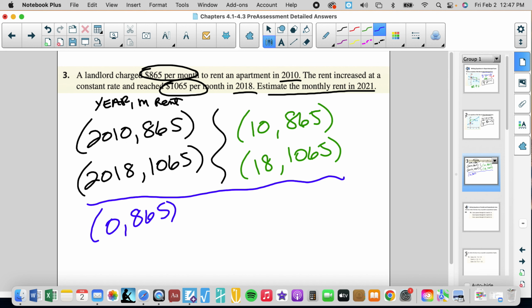But the one that I'm going to suggest that you use is 0, 865. That's when we start, and then we would have 8, 1065, because 8 years later your rent is there.